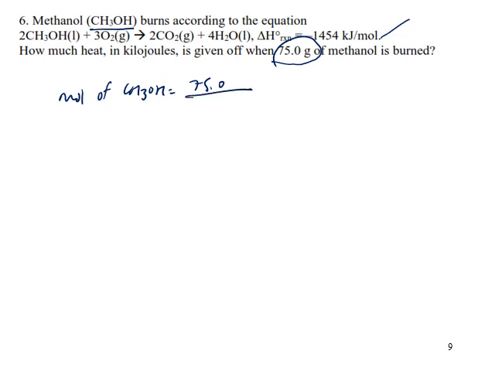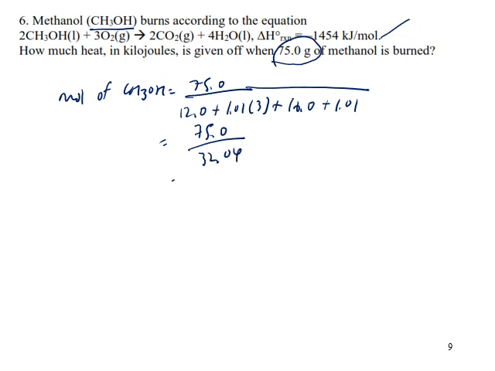So the molar mass of methanol, you have to calculate: CH3OH, so 12.0 plus 1.01 times 3 plus 16.0 plus 1.01. Alright, so use the calculator, you get 32.04. So you divide, you get your answer, 2.34 moles.